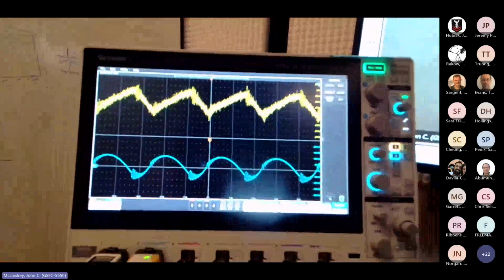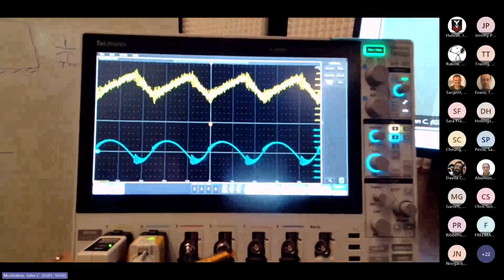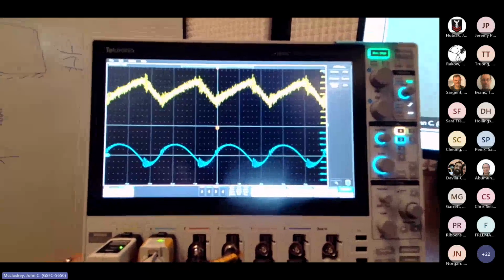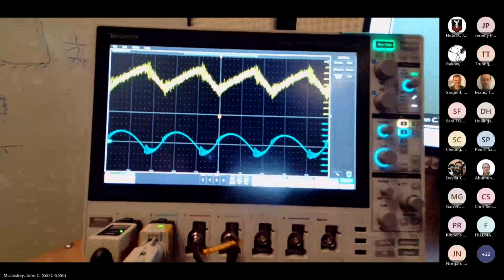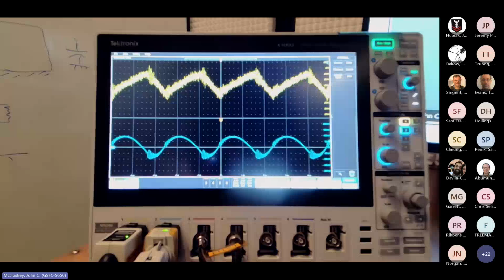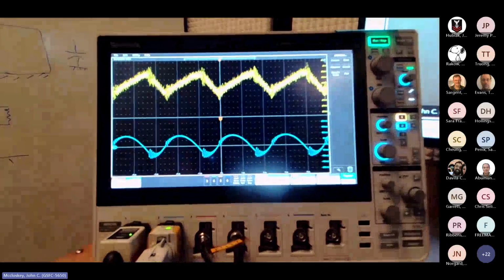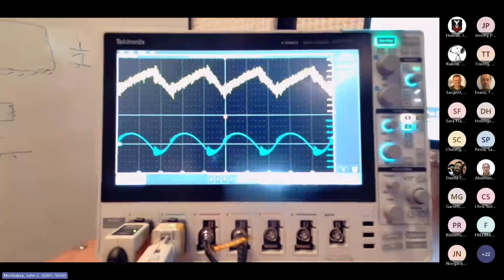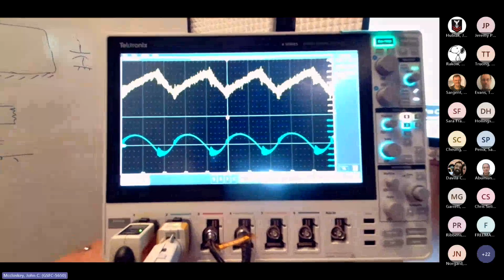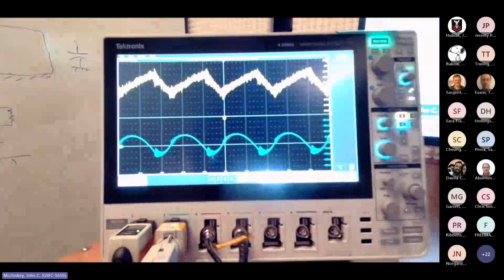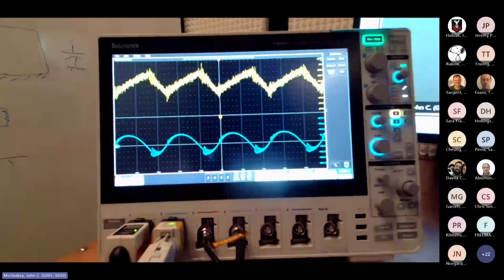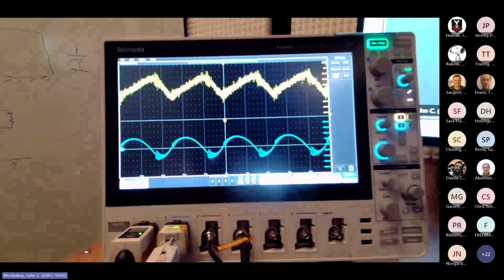I'm sorry about this. Just trying to find a stable place here. You've got an AC signal riding on top of a DC level, on top of 28 volts. So a lot of times the tendency is to put that channel in AC coupling mode. And I don't like to do that. AC coupling can fool you.